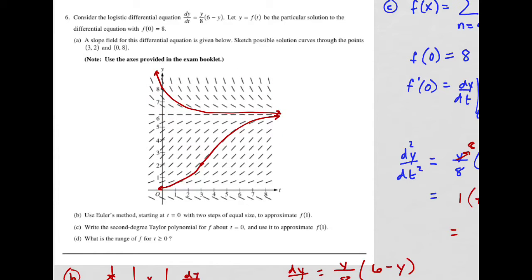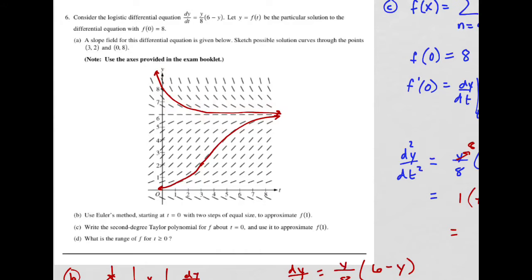But that was only for part A. It actually says in the question, I had to go back and look, consider the logistic differential equation. Let our function y be the particular solution to the differential equation with f of 0 equal to 8. So that's starting here.